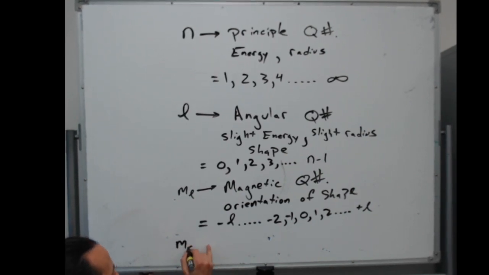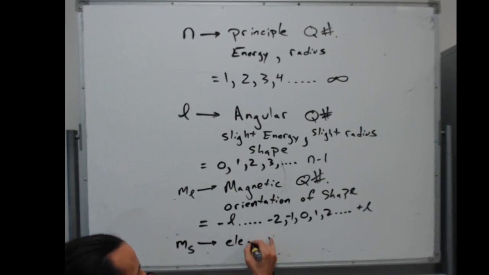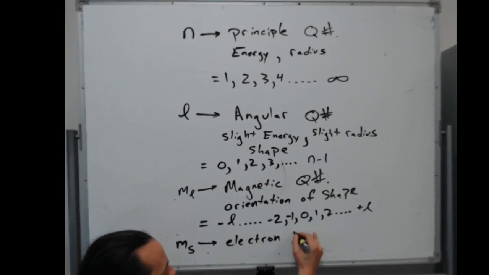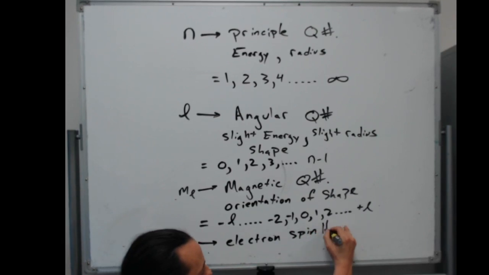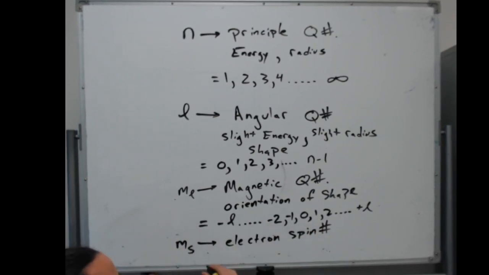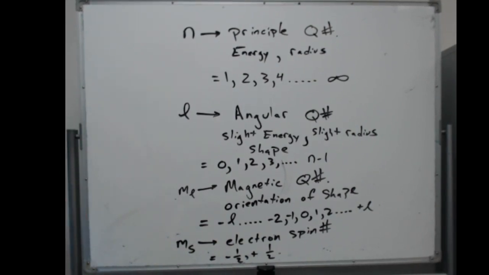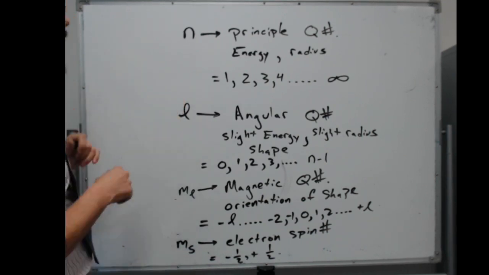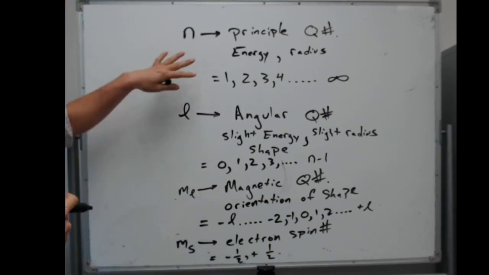We've got a special number, which is the electron spin number. And this is going to have values of minus a half or plus a half. Those are the only two choices for the electron spin number. And the way to think about this in terms of how we group these together, I've been referring to them as sets of answers.